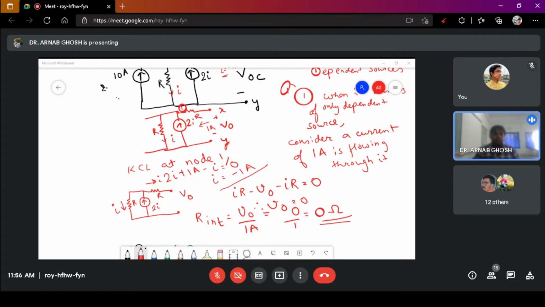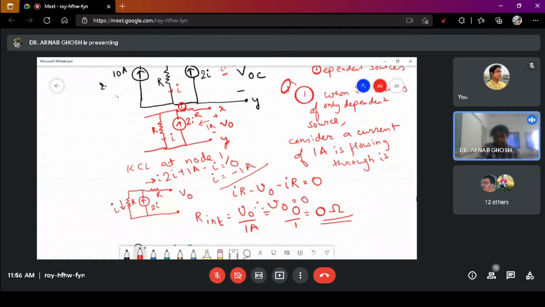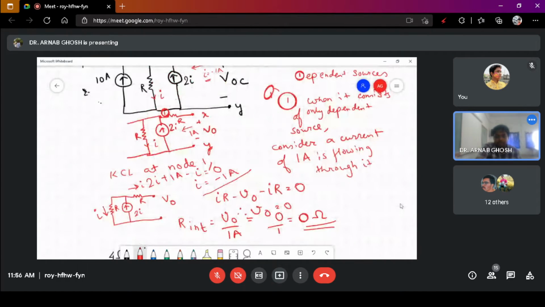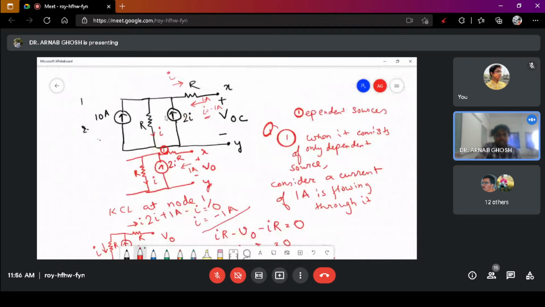You have to calculate the open circuit voltage, that is the Thevenin's equivalent voltage, that is the voltage across these two terminals. If you consider the first circuit itself, the voltage across these two terminals will be the same as this VOC.